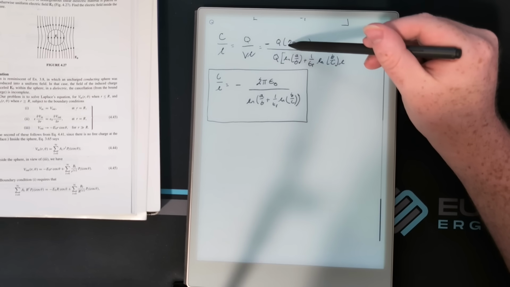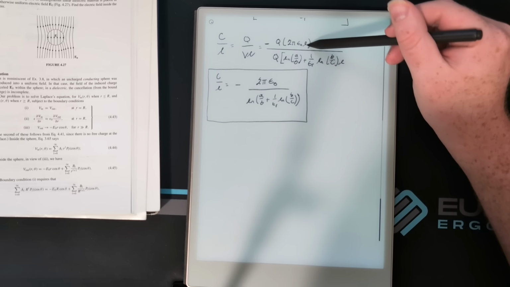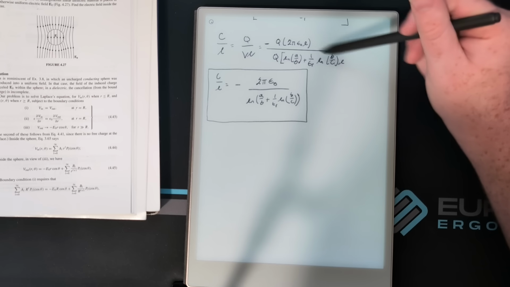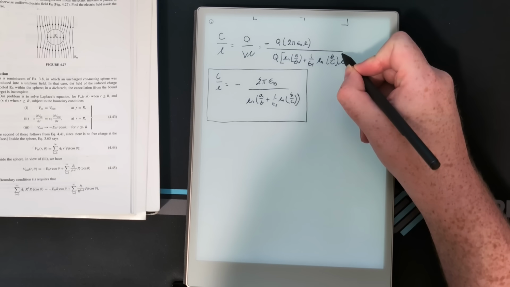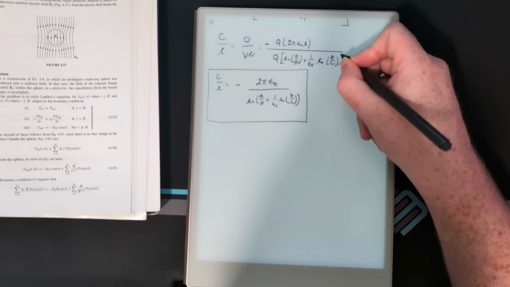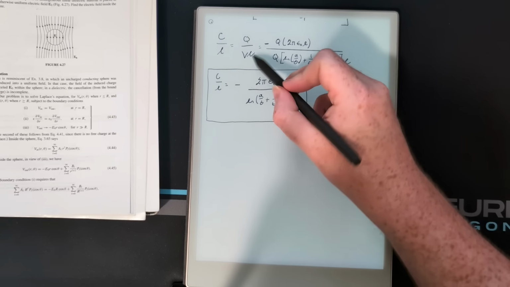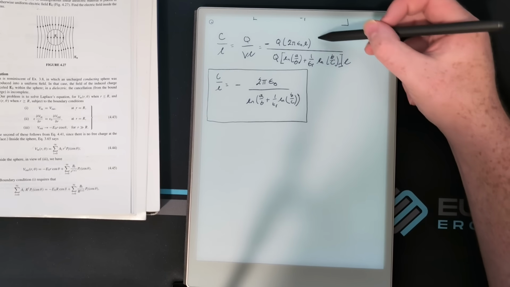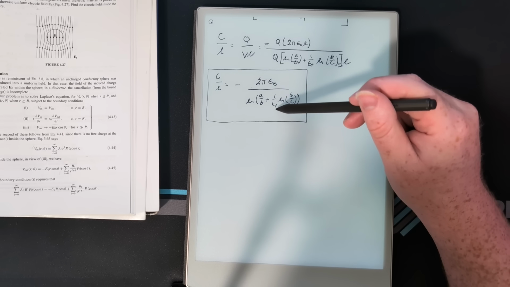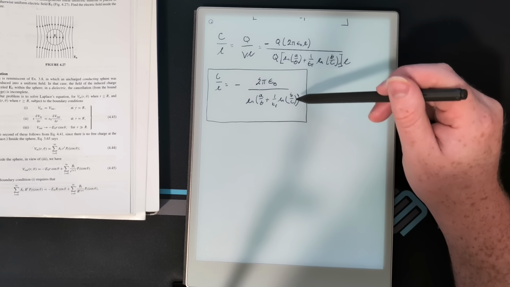So you end up getting the 2 pi epsilon naught L on top, then you get the Q on the bottom, and then you get that natural log stuff on the bottom here. And I should have written it like this, hang on. There's an L on the bottom from here. So the L's cancel, the Q's cancel, and you just get a minus 2 pi epsilon naught divided by the natural log of A over B plus 1 over the dielectric constant times the natural log of B over C.